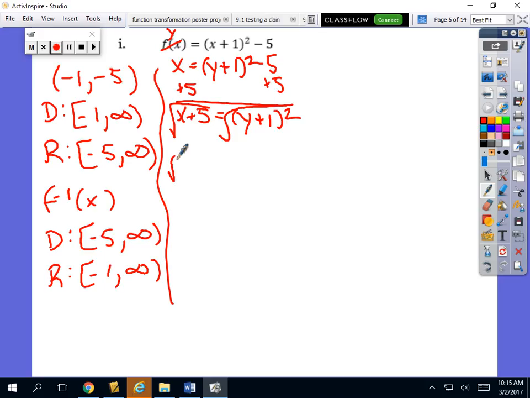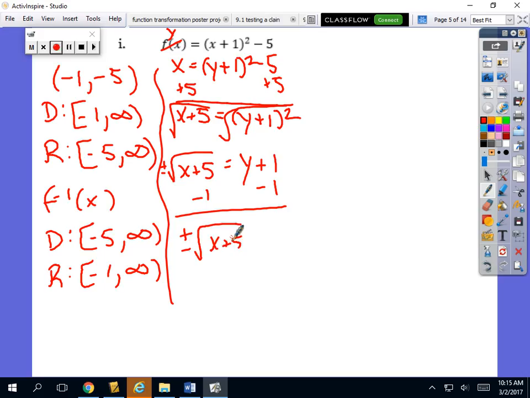Now on the right-hand side, the square root and the square, they're inverse operations, so they basically undo each other, and you end up with y plus 1 on the right-hand side. This is plus or minus. Then subtract 1 to isolate the y. We don't subtract the 1 from the radicand, because that is under the radical. So the 1 is going to end up outside the radical. And that's your inverse.